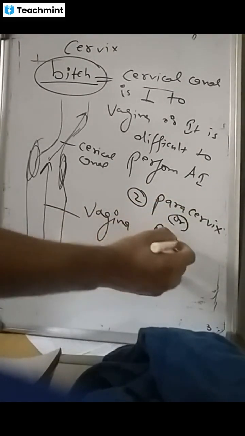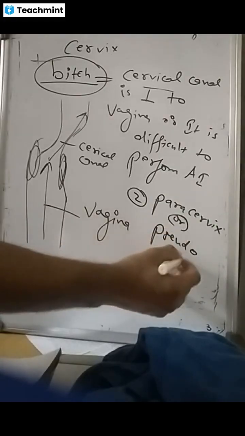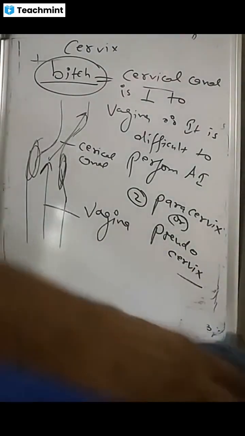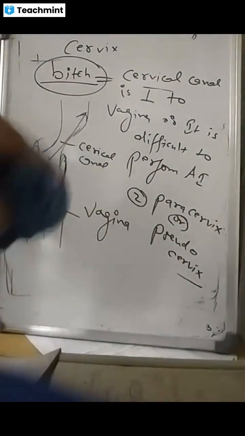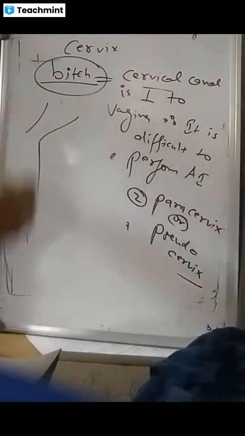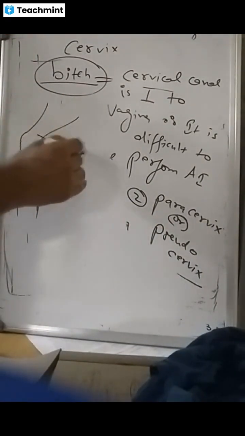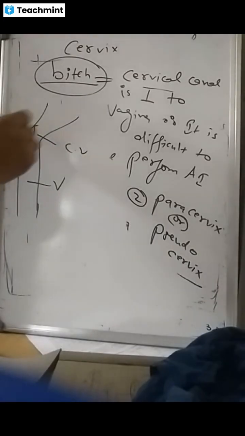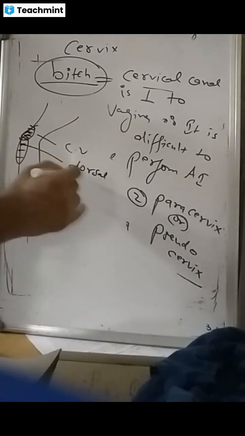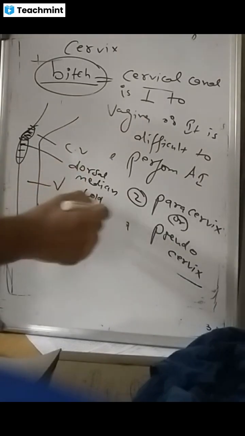In case of bitch, there is a pseudo cervix. What is pseudo cervix? Here we have the vagina and cervical canal. Here there is a dorsal median fold behind.